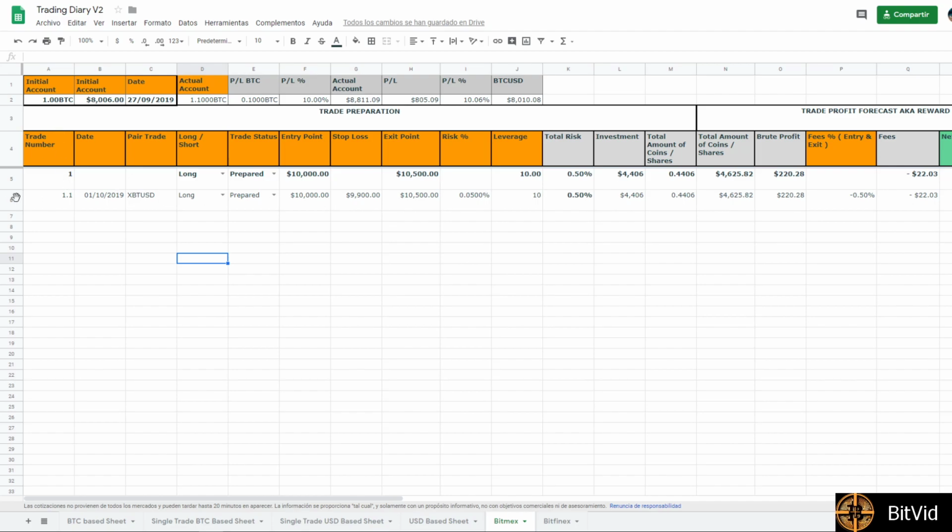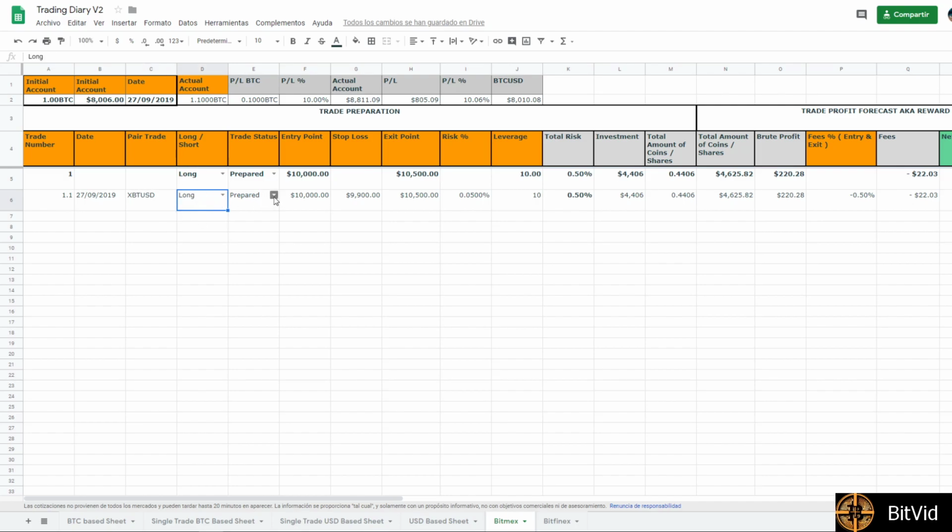First of all, the only thing that we have to fill is that one. This is calculated automatically because this is the summatory of this one. In that case, it's the first trade, so it is number 1.1. Today is 27.9. We will enter XBT USD, and it is a long position.